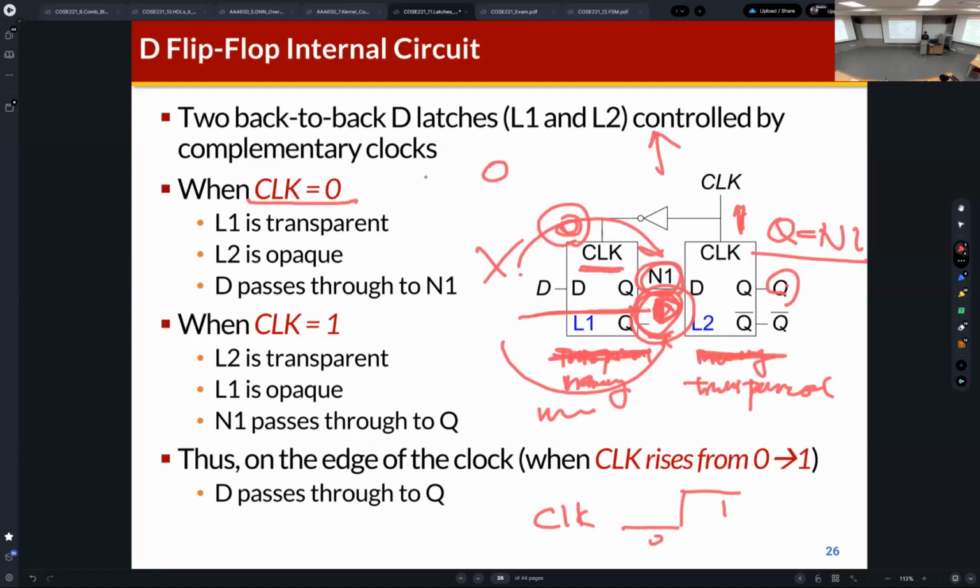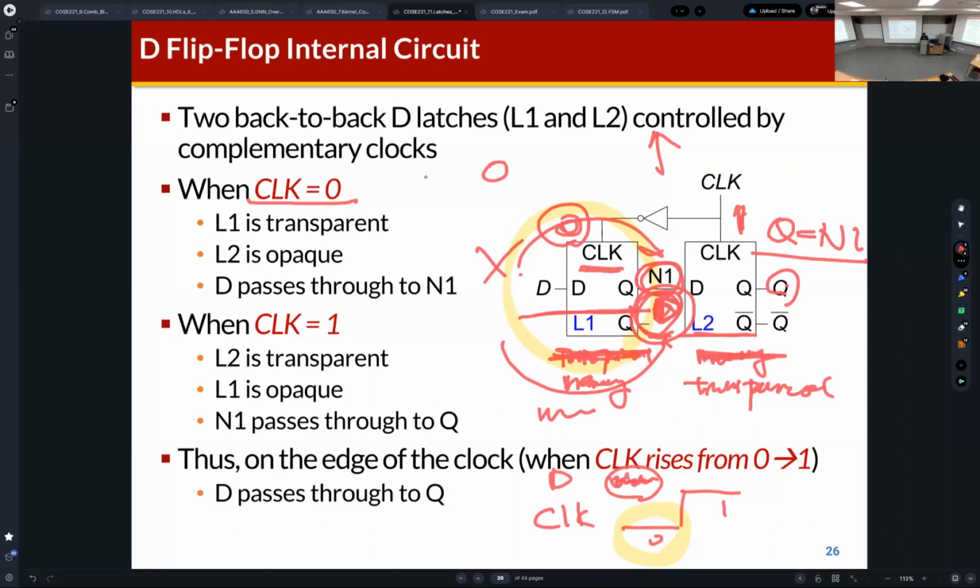While the clock signal is 0, the L1 D latch becomes transparent and reflects the input D. But because the L2 D latch is opaque, it works like a memory, so this change of D is not reflected. L2 just maintains the previous value.